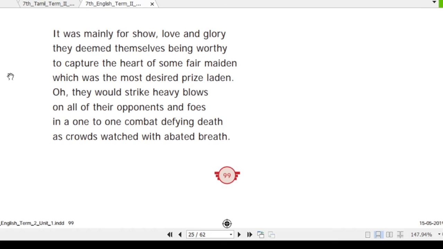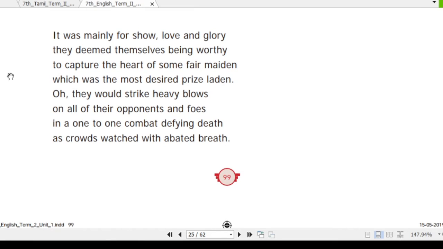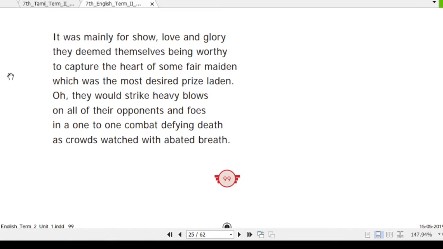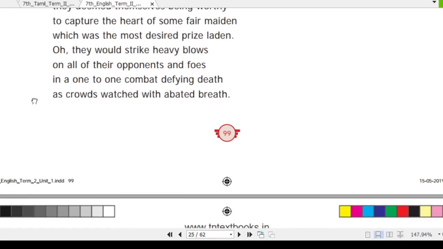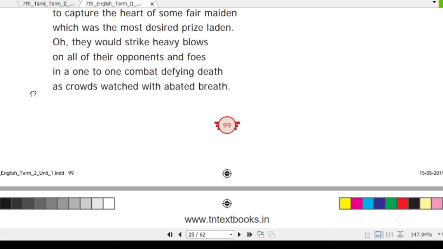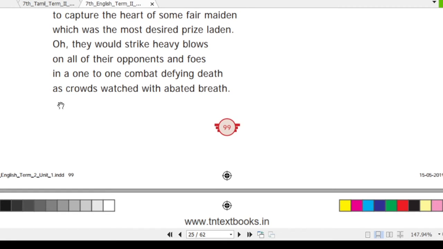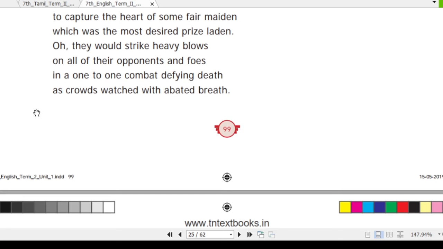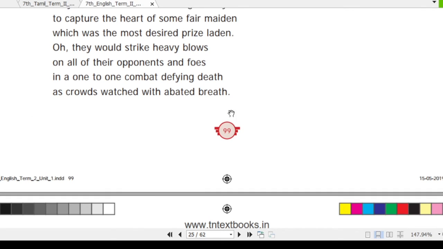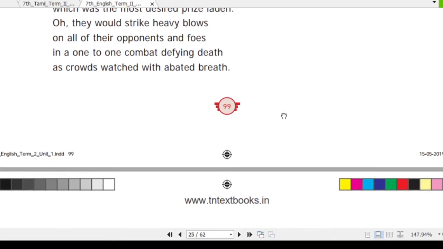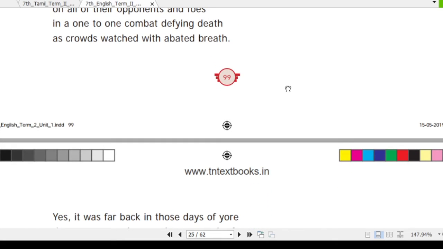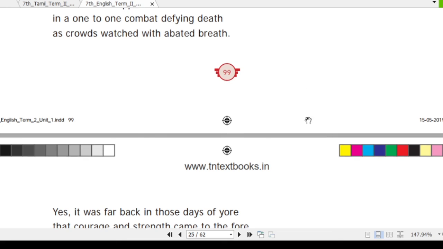They deemed themselves worthy to capture the heart of some fair maiden, which was the most desired prize. They would strike heavy blows on all of their opponents and foes in one-to-one combat, defying death as crowds watched with bated breath.